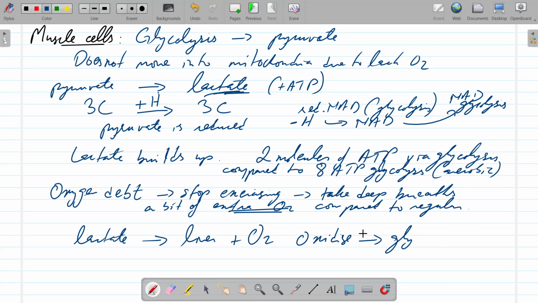So it is reconverted back to pyruvate, and then it is fed back into the process of respiration. So it doesn't go to waste. Pyruvate is reformed due to the oxidation of lactate, and then the pyruvate is fed into the link reaction and Krebs cycle and so on. And because oxygen is now present, the rest of the process of respiration can occur.